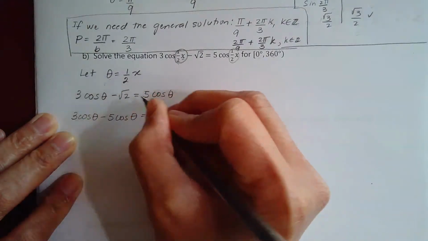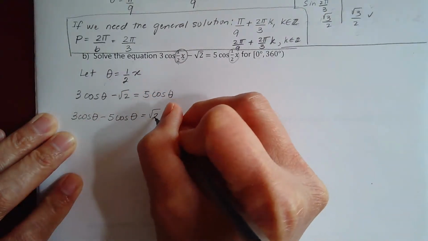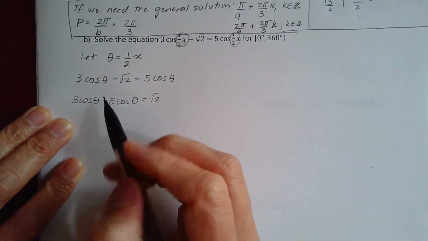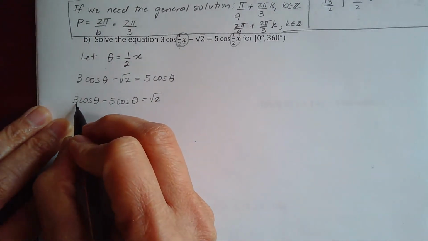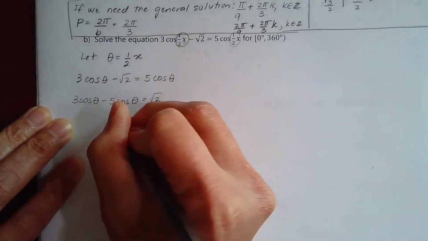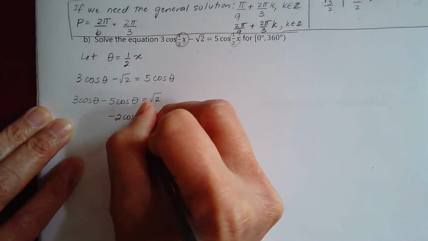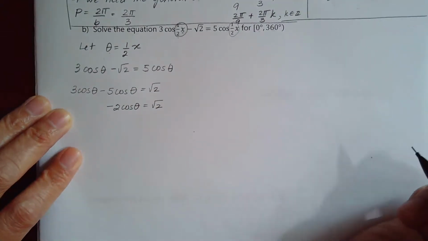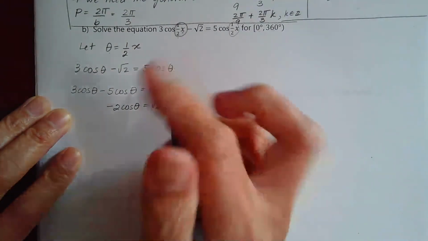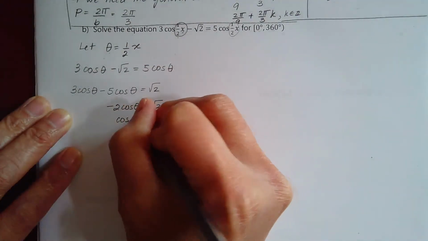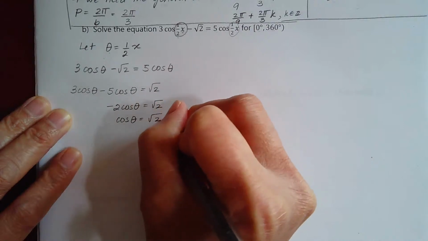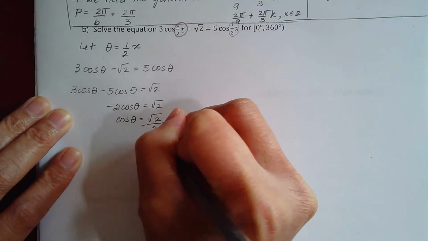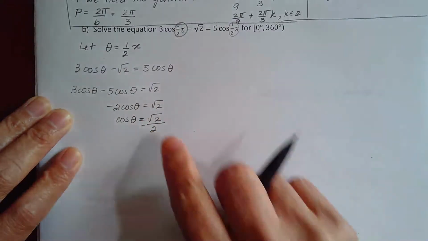And I take this negative root of 2 to the other side of the equation, it's going to be root of 2. We can simplify that: 3 cos theta minus 5 cos theta is negative 2 cos theta equals root of 2. Then cos theta equals root 2 over negative 2, so you can say negative root 2 over 2.